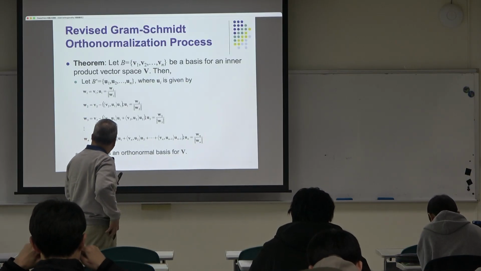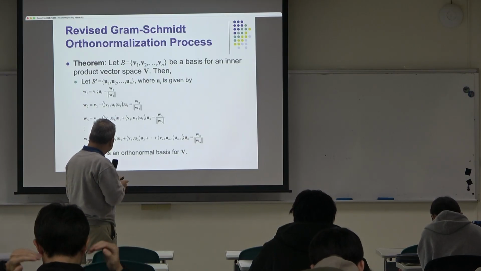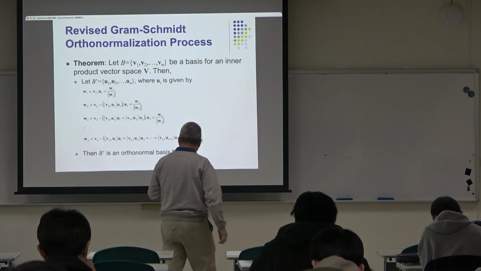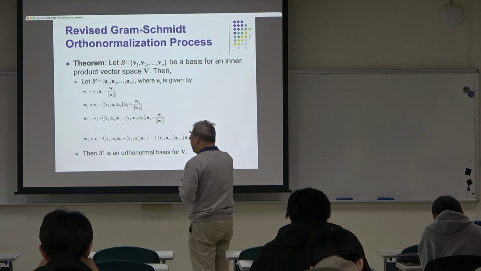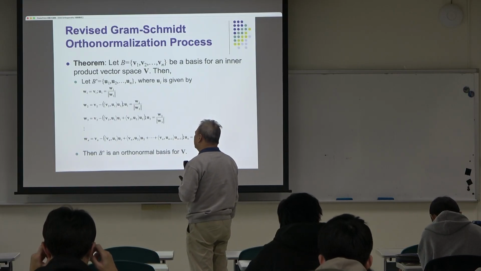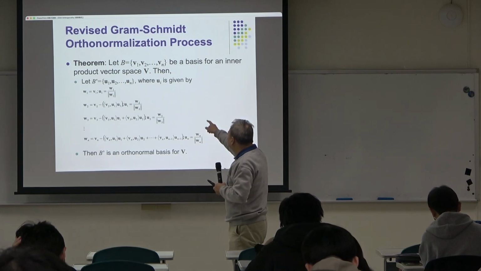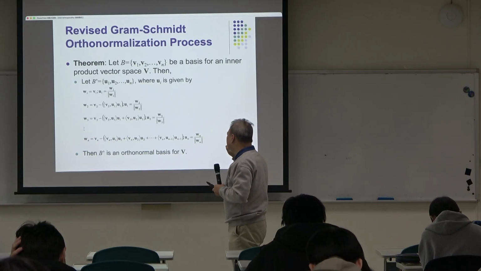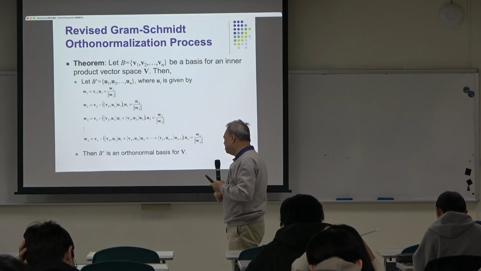So come back to this one. First, we need to concentrate on the relationship of the VI and the UI in this process. Remember, the VI are the column vectors of a given matrix.